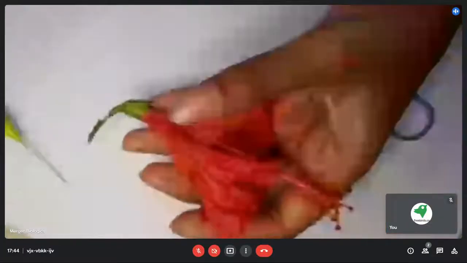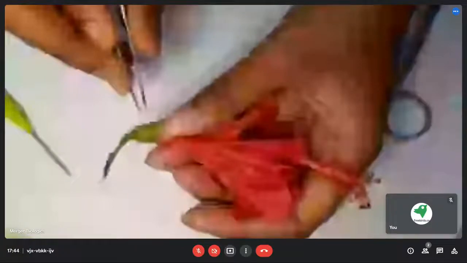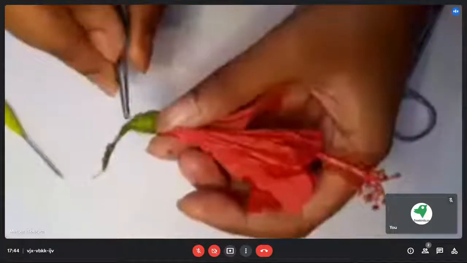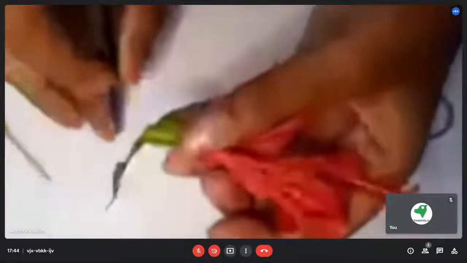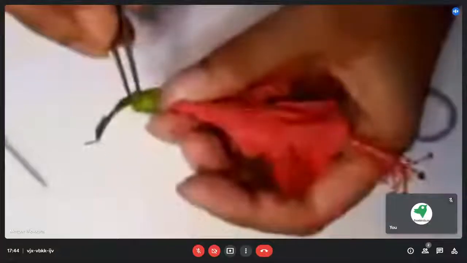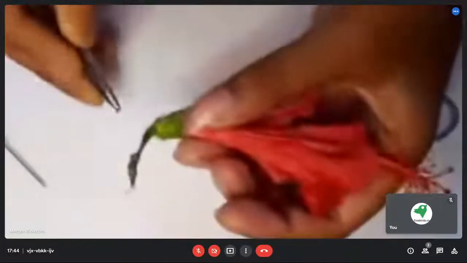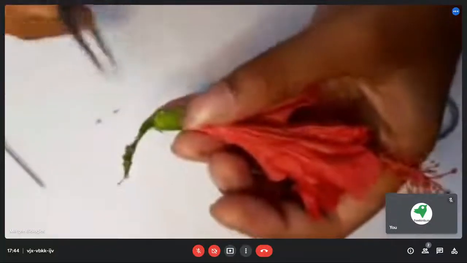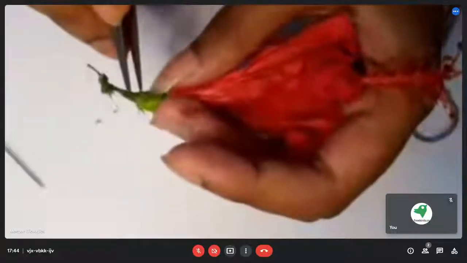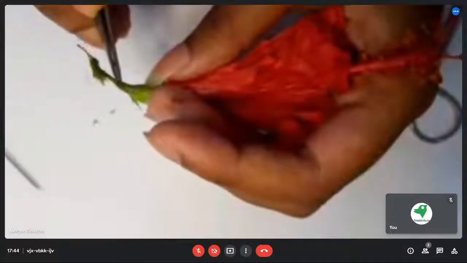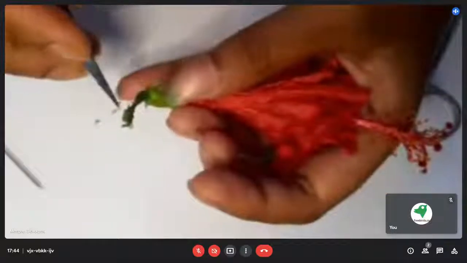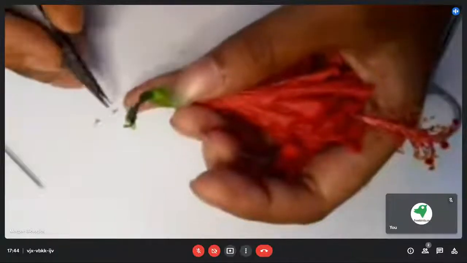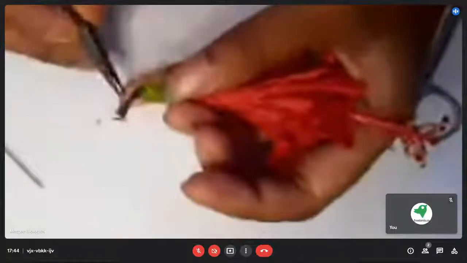So first, I will start dissecting these epicalyx one by one. As you can see, these epicalyx are not fused together, so it is easy to dissect them. I will try to dissect this without breaking them, so that you can get a very clear view when I place them on this piece of paper.